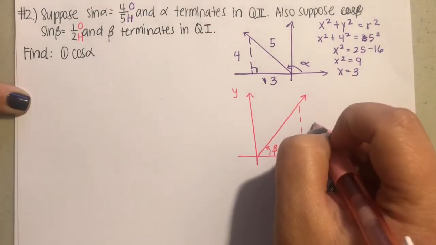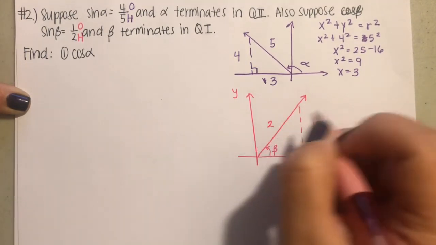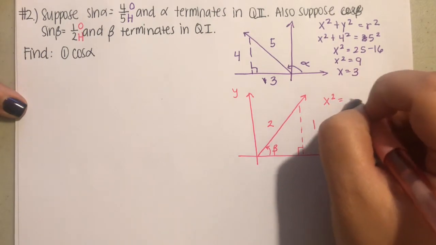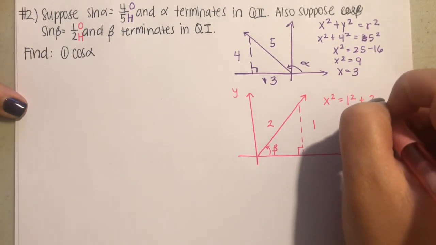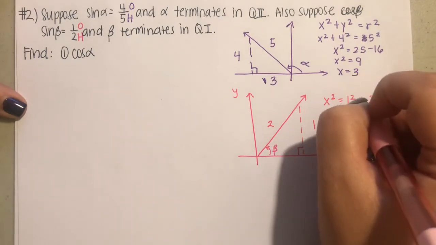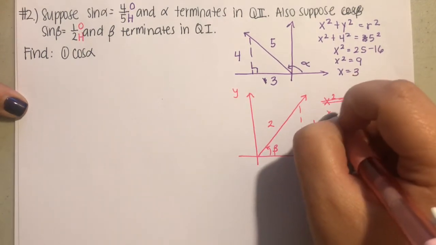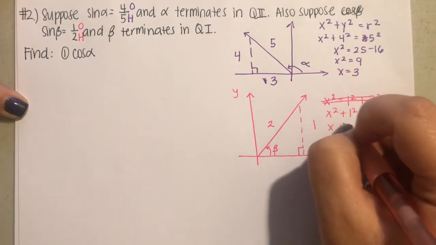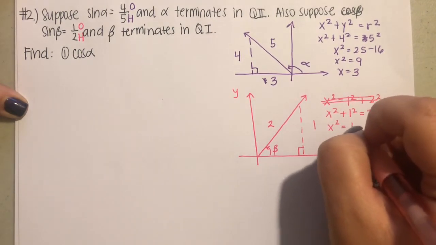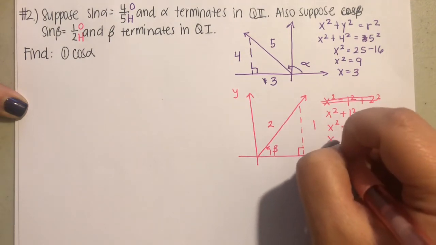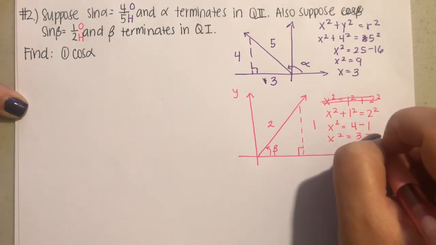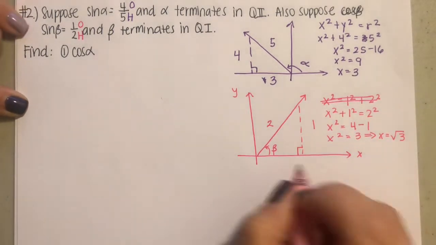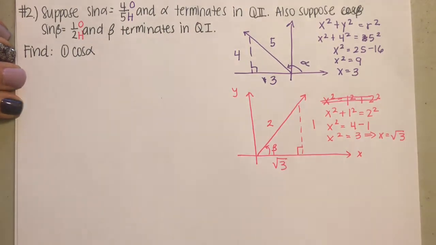So opposite is 1, hypotenuse is 2, and using that same formula, we've got x squared plus 1 squared is equal to 2 squared. I did that totally backwards. So x squared is equal to 4 minus 1. x squared is 3, which means x is equal to the square root of 3. Okay, and that goes down there.